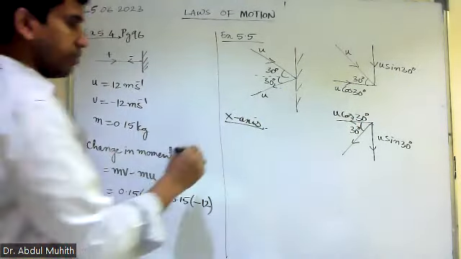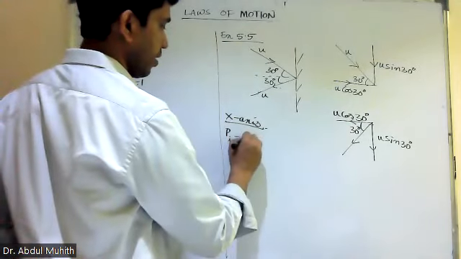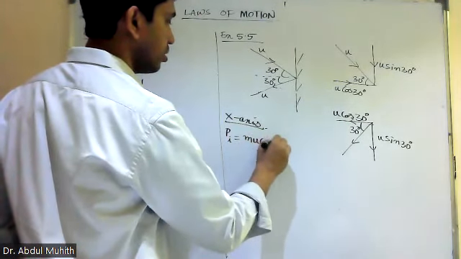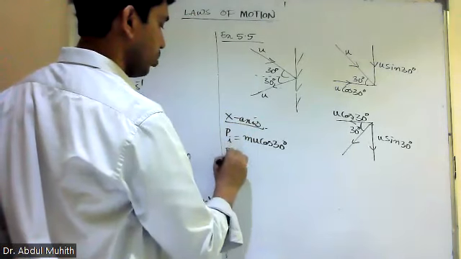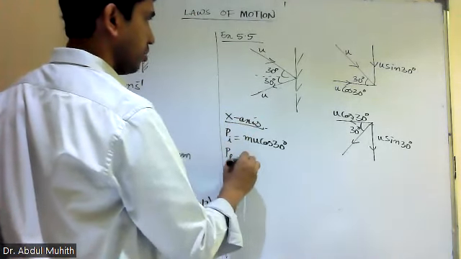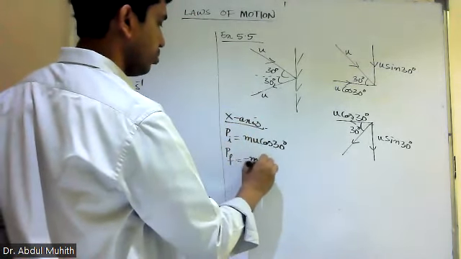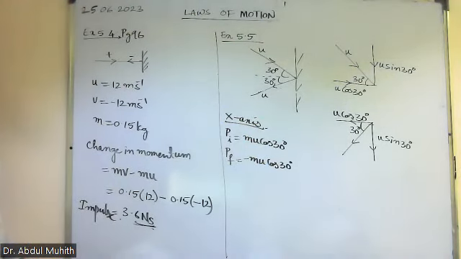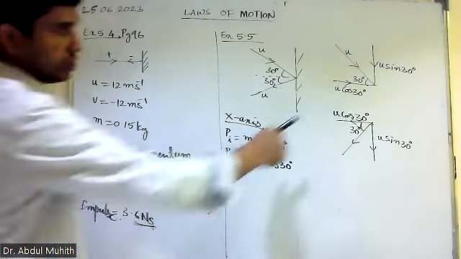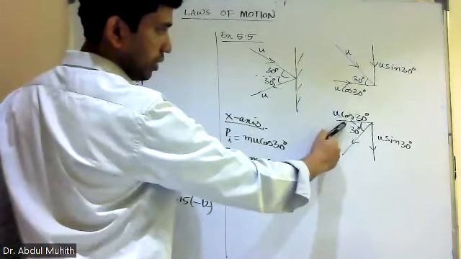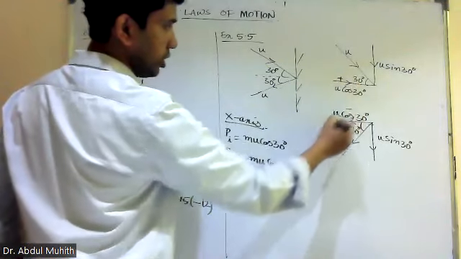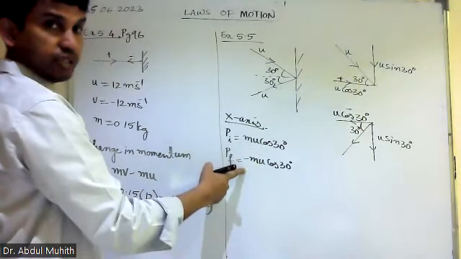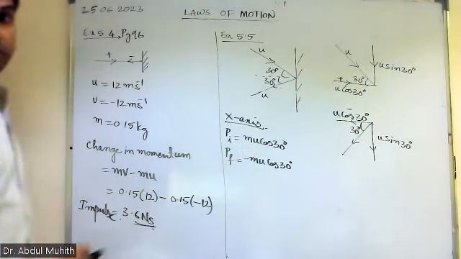P initial is m into u cos 30 degrees. P final is equal to minus m into u cos 30 degrees. Should I write minus? Because see, this is in the positive x-axis, this is in the negative x-axis. Positive and negative. Is it clear?